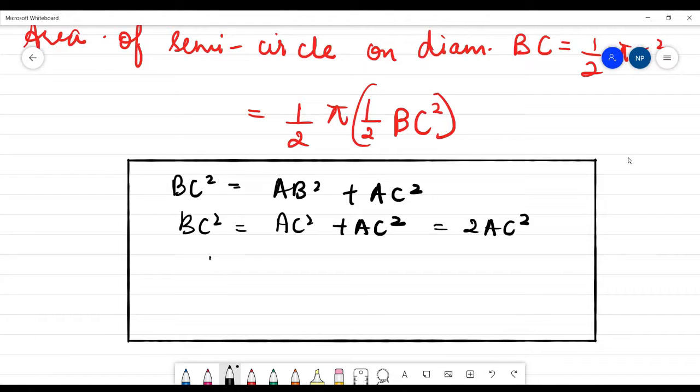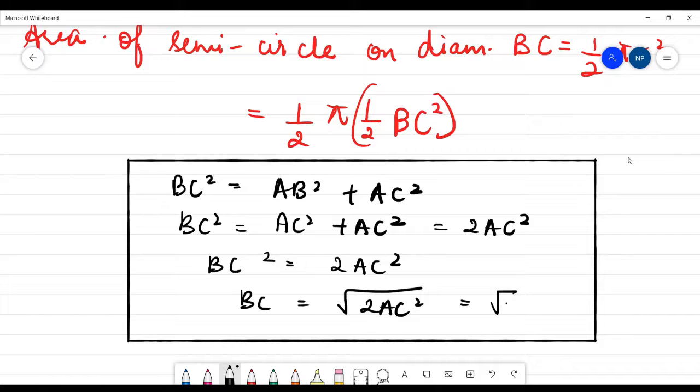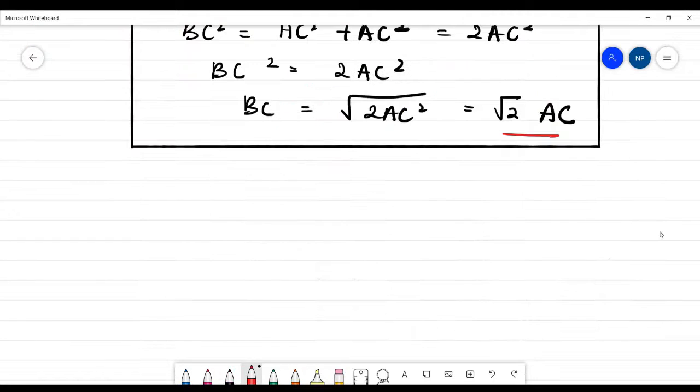So BC square is equal to twice AC square. Taking the root, we get BC equals root 2 AC, and AC we know is 14 centimeter. The radius is half of BC.